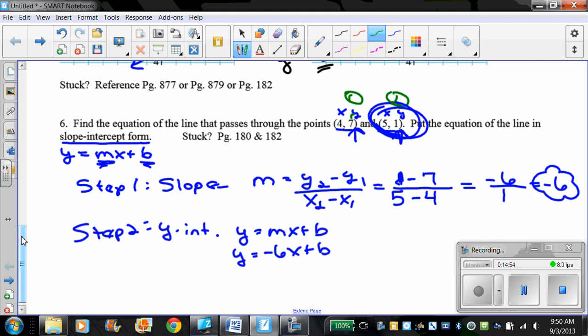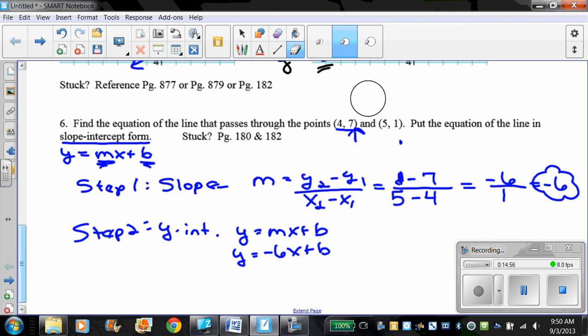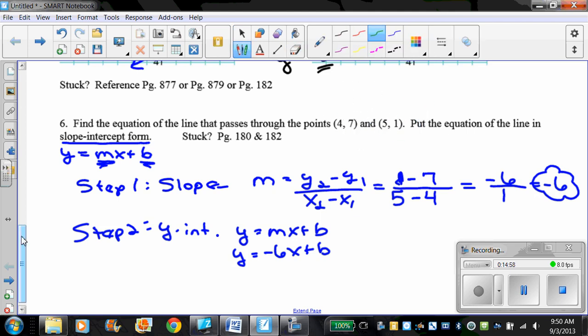It doesn't matter whether you pick this point or this point to put in for x and y. I'm going to put this one in because it looks easier. This one right here. And remember, the first number is the x, the second number is the y in a coordinate point.